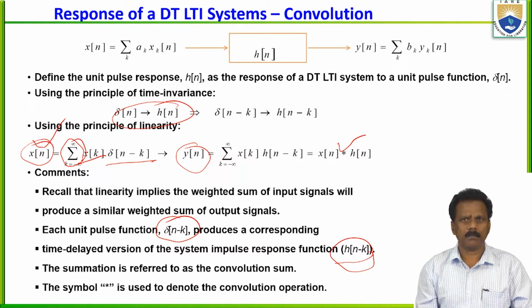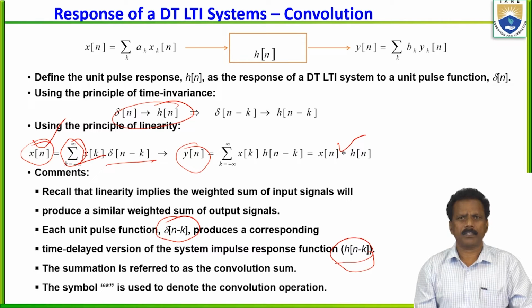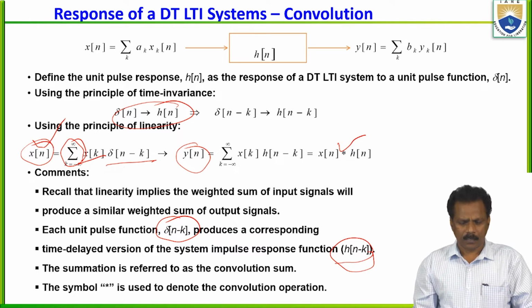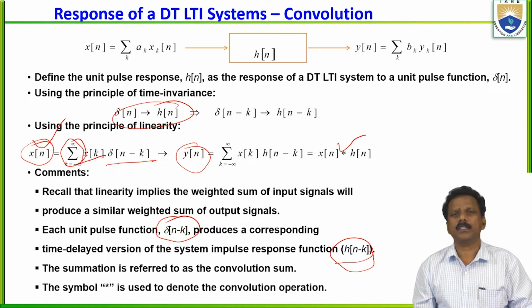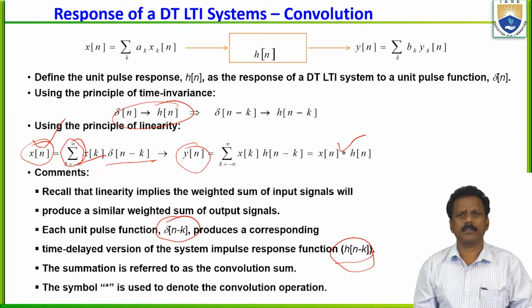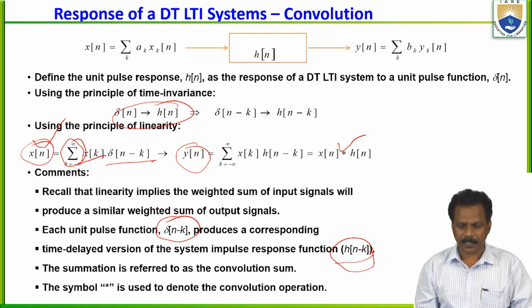Using this mathematical analysis, recollect that linearity implies that a weighted sum of the input signals will produce a similar weighted sum of output signals. Each unit impulse function delta of n minus k produces the corresponding time delayed version of the system impulse response function, h of n minus k.